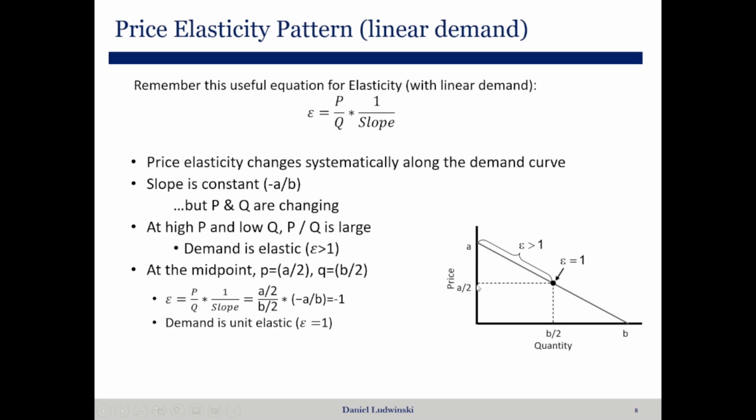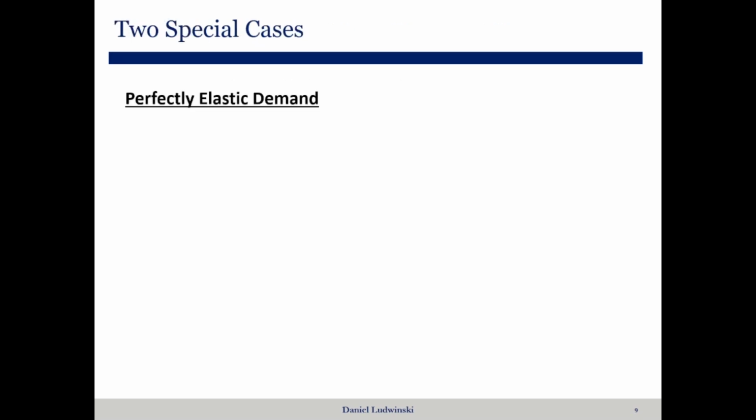In places where price is low and quantity is high, we'll see inelastic demand. And this is because our change as we move is the same for 1 unit change in price, but the baselines are being different.